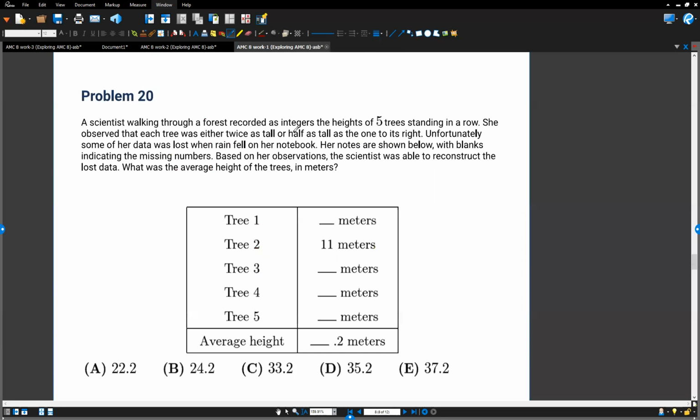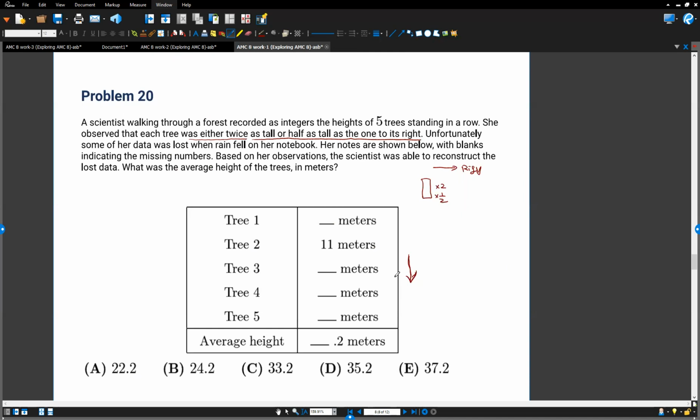She observed that each tree was either twice as tall or half as tall as the tree to its right. So this number over here is going to be times 2 or times 1/2 of the next number to the right, not the left. It can be twice or half.